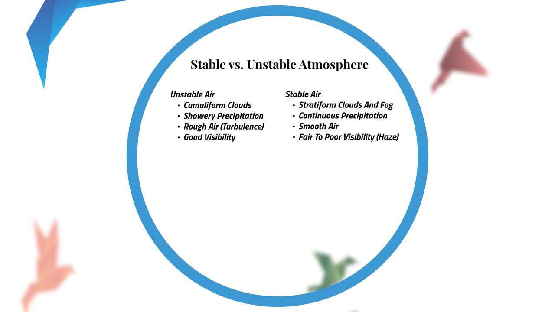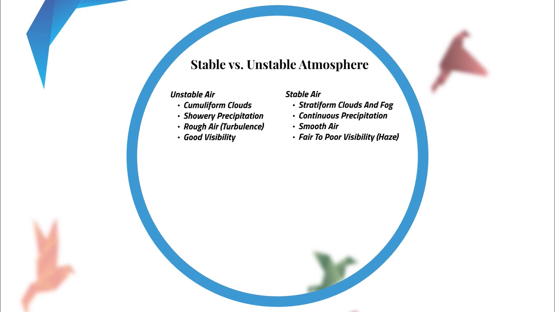All right, so we want to talk a little bit about stable versus unstable atmosphere. And really, when we're talking about stability in the air, we're talking about the lapse rate. Lapse rate refers to the ability of the air to have mobility to move upward or downward.